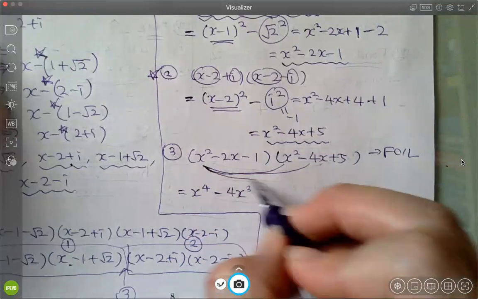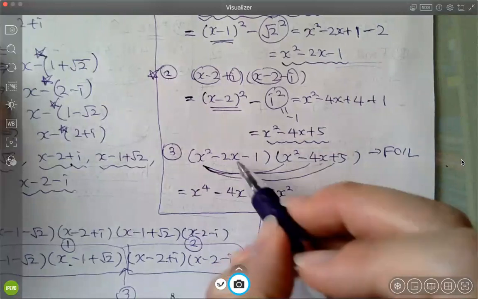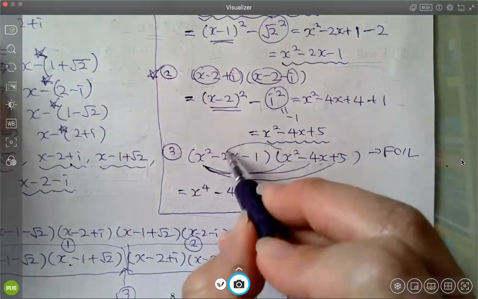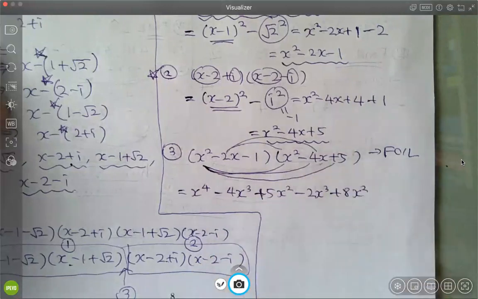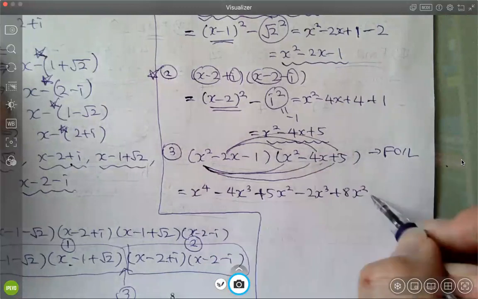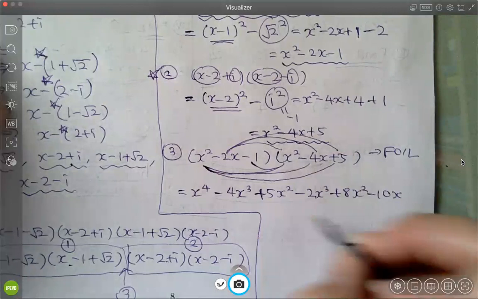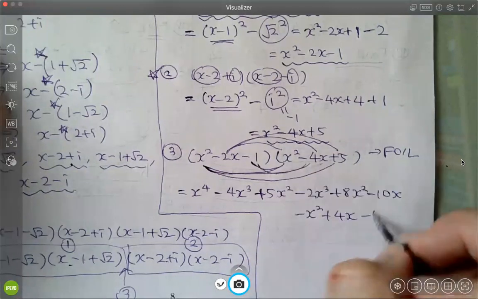And then these two, so it's plus 5x squared. And then these two, so that's minus 2x cubed. And then these two, so that's plus 8x squared. And then these two, so that's minus 10x. And then go inside, so that's minus x squared plus 4x, and then minus 5, right?